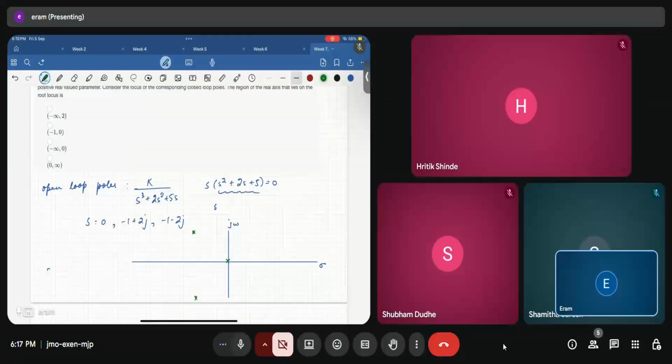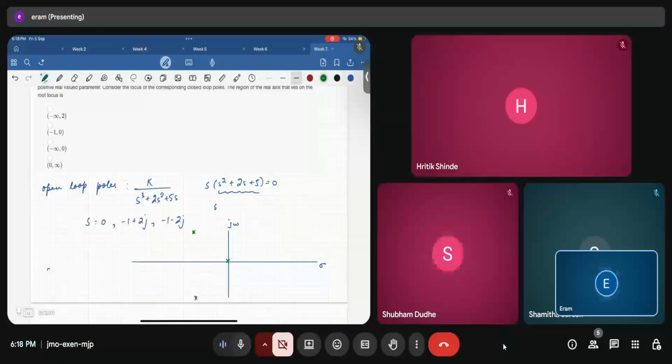Now since K is negative in this case, K is not positive, where will the root locus lie on the real axis? So it is a kind of complementary root locus.